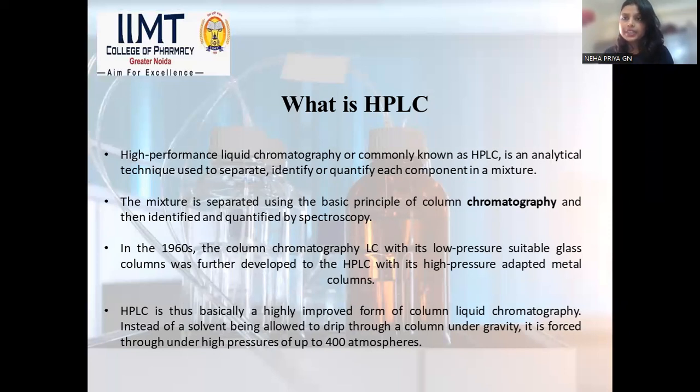Earlier, when anyone wanted to separate C into two parts, that is A and B, we first went for column chromatography. In column chromatography, there is one stationary phase along with one mobile phase and the sample. The stationary phase is packed within the column, and the mobile phase is poured into the column regularly.